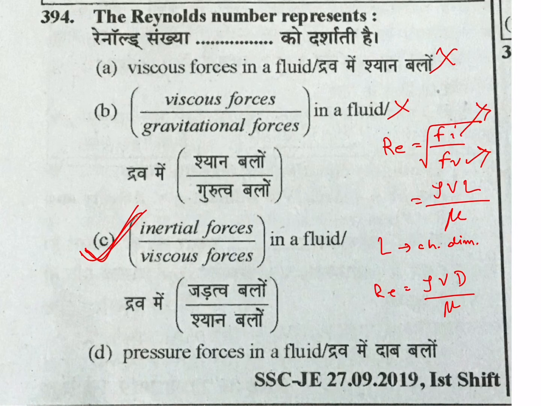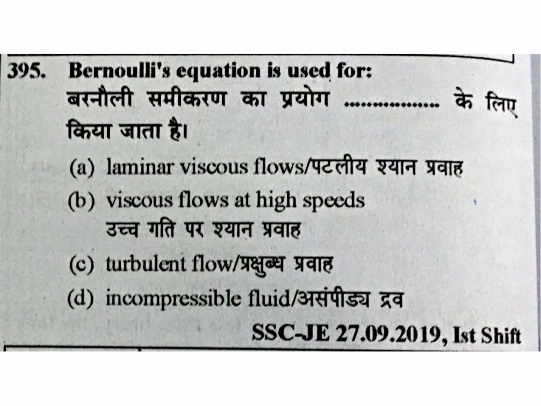This one SSCG 2019 question. Bernoulli's equation is used for, Bernoulli's equation assumptions we have to take. Flow is ideal flow, or mu equal to 0, or you can write inviscid also.